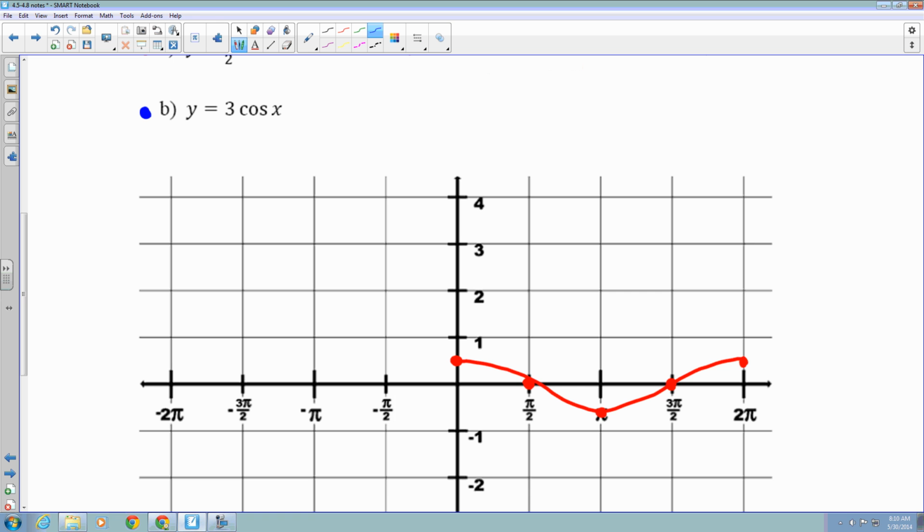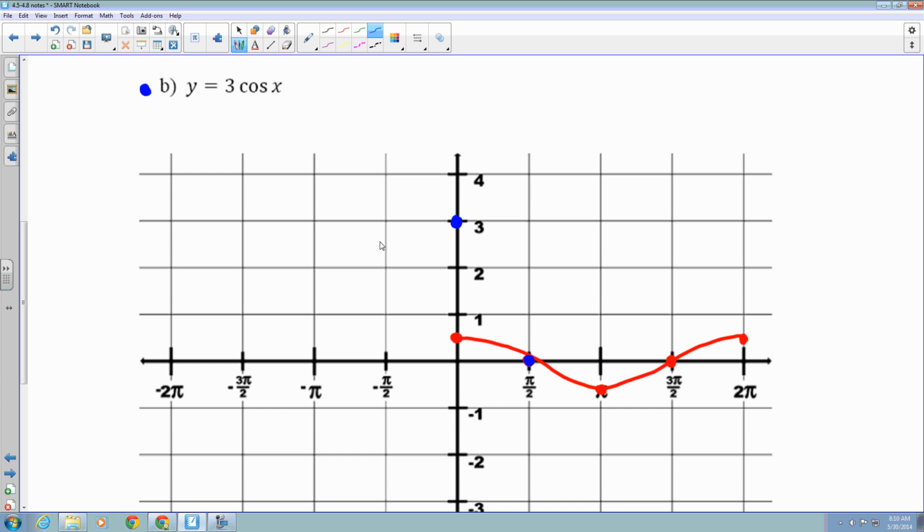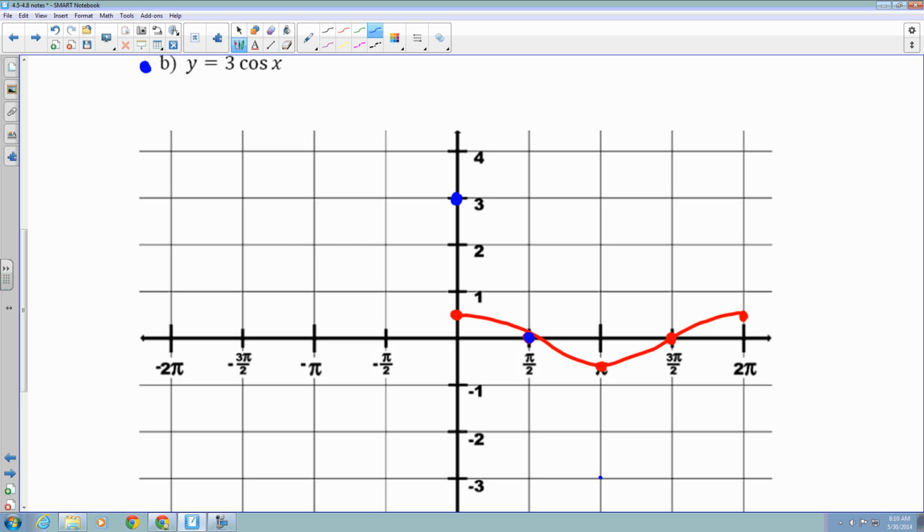The only difference is the height is 3 instead of 1/2. And that's what that would look like.